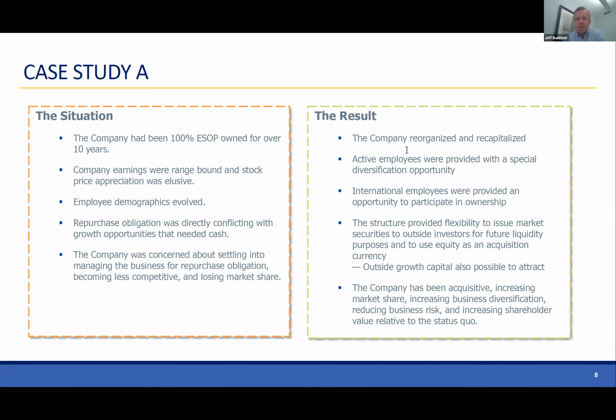One of the other interesting dynamics with this business that was a concern for them was that over the course of the last 10 to 15 years, they had really started to grow their international operations more and more. It started to become a situation where the international operations were growing faster than the domestic operations. U.S. operations had kind of stagnated. Any new employees that were hired were not hired in the U.S., they were hired internationally.